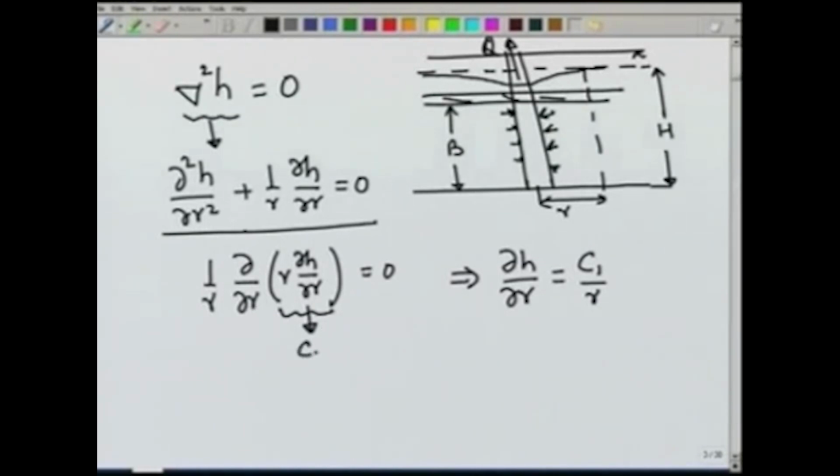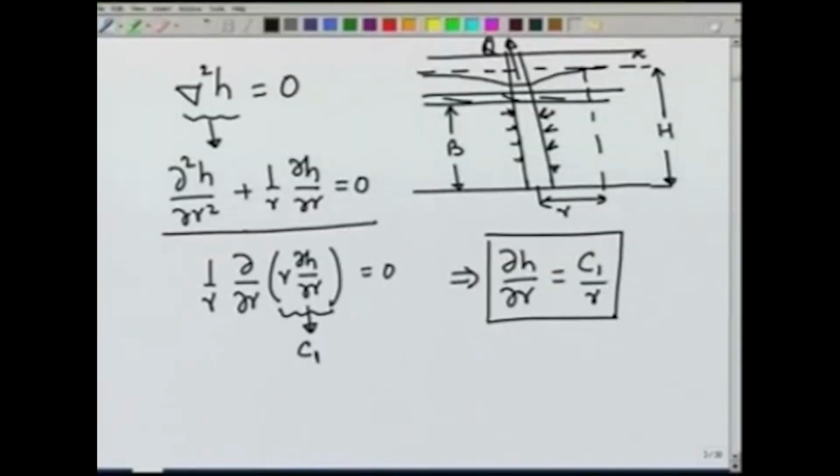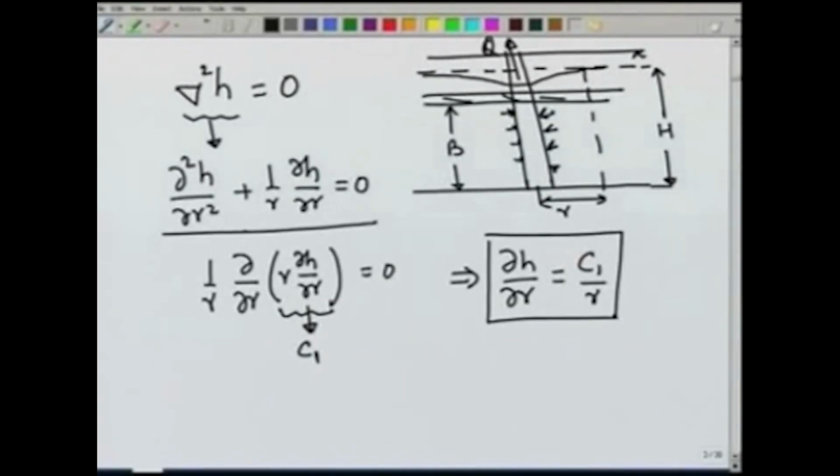So, this constant if we assume to be C1, then we can write partial of H with respect to r will be equal to C1 over r. So, this gives us the derivative or the gradient of head at any location r, and you can see that the gradient is inversely proportional to r. So, as you go away from the well, the gradient will decrease, which is also clear from the cone of depression, because the slope will be high in the early portion, and then as you move away it becomes flat till the slope becomes 0 very far away from the well.